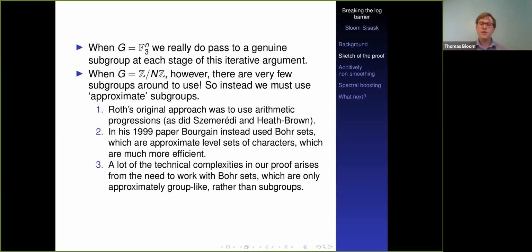What that translates to in the way the proof finally looks is that a lot of the steps are a lot more technical and awkward to work with in the integers, rather than in F3 to the n. In F3 to the n, we can work with genuine subgroups. In Z mod nZ, we need to work with Bohr sets instead, which are much more approximate. And so the statements look a lot more technical. Again, I've hidden this from this talk, but it is a problem that one has to deal with.